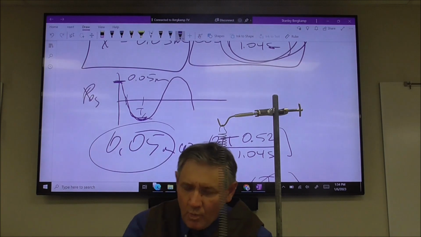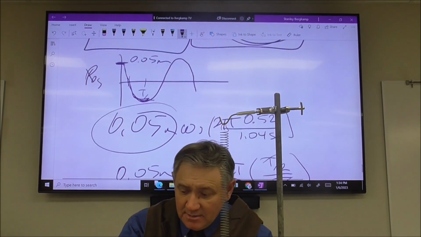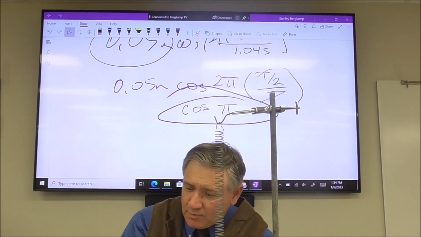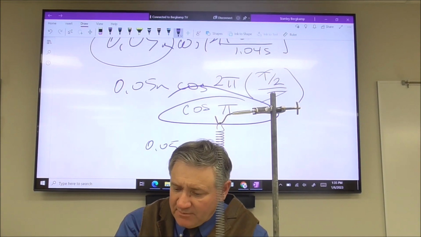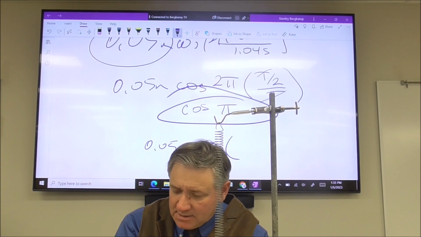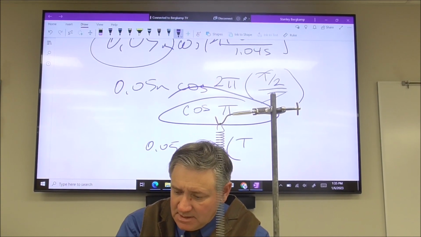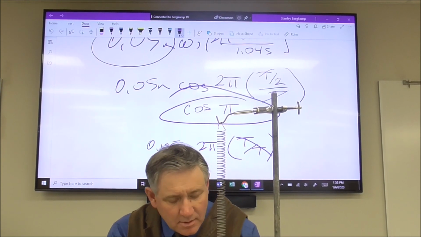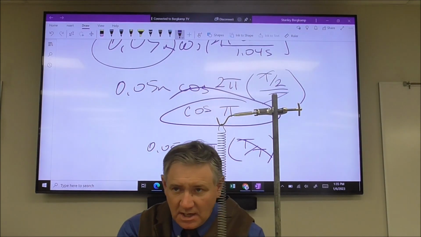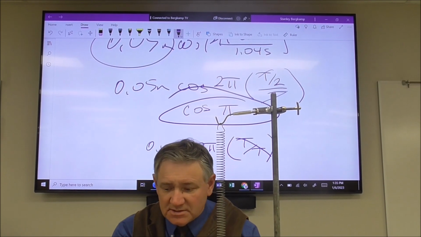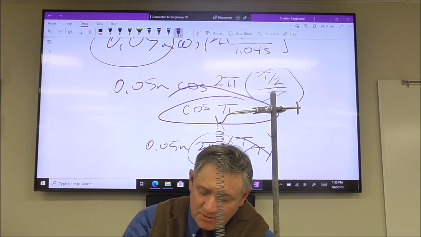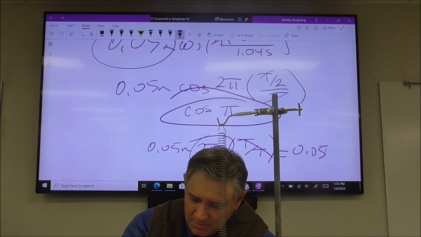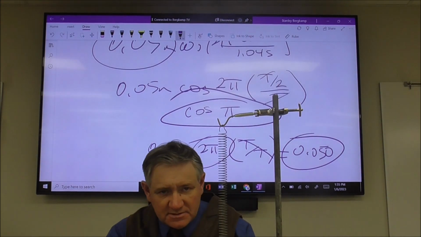So now, when you go to capital T, it's easier if you approach it from a more elegant standpoint, because then you have 0.05 meters times 2 pi times T over T. T over T reduces down to 1. You're taking the cosine of 2 pi. Cosine of 2 pi is positive 1. You're back to 0.05 meters.